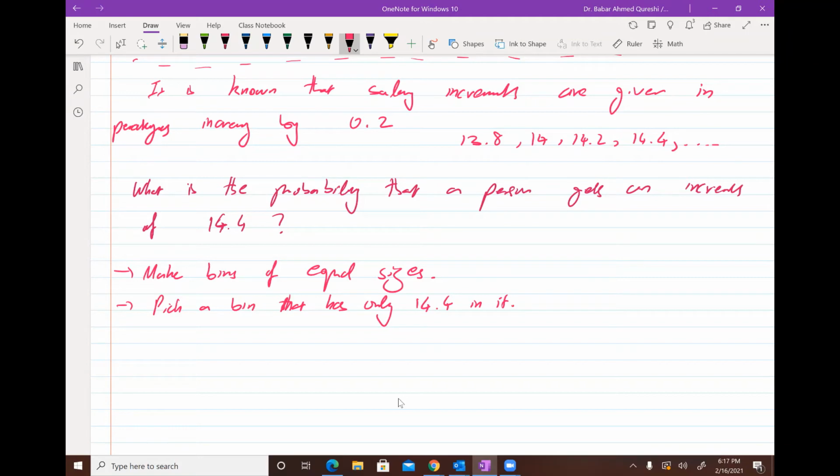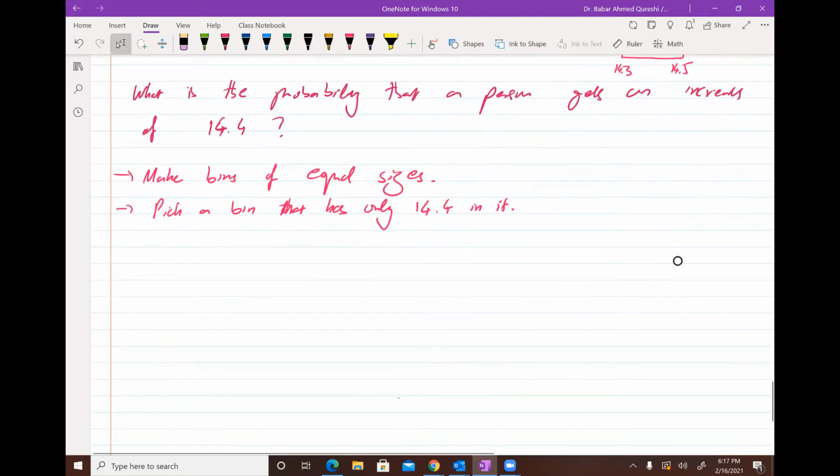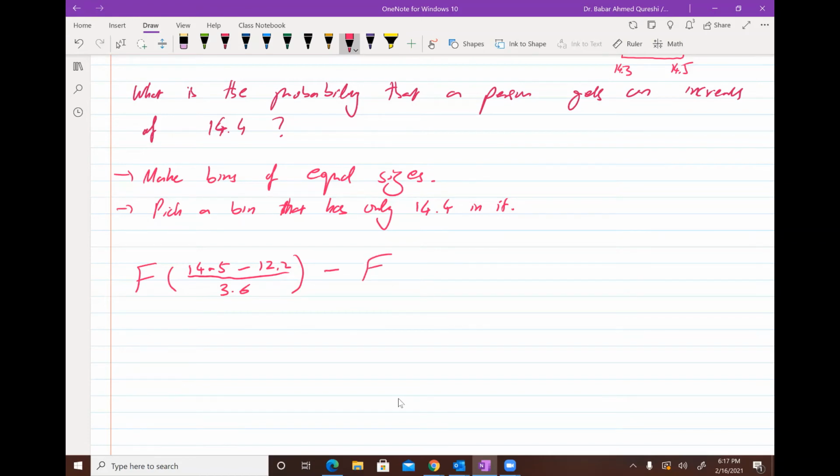That means I will have to make a bin between 14.3 and 14.5. So I can compute this cumulative function for Z coming from 14.5 minus, what was the mean, 12.2, over 3.6, minus this cumulative distribution, and this will give me the required probability of the increment exactly being 14.4.